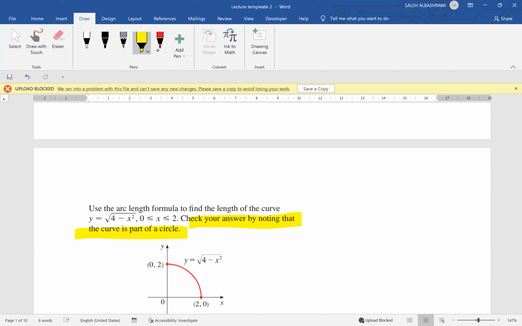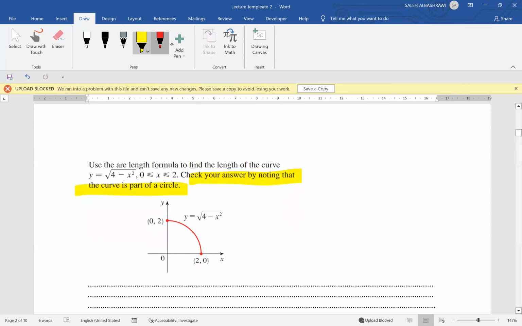It is just one quarter of a circle. We complete it as a complete circle. The circumference of the circle is given by C equal to 2 pi R, and R is given by 2.